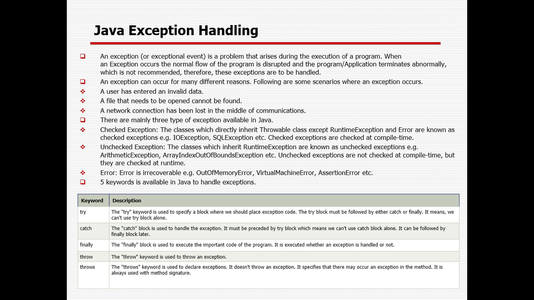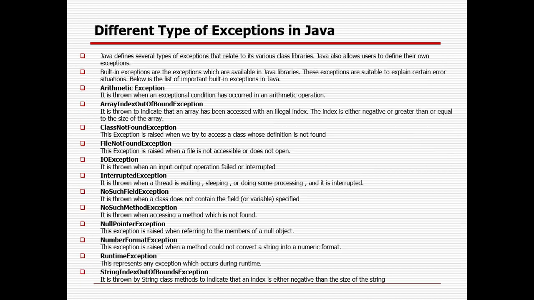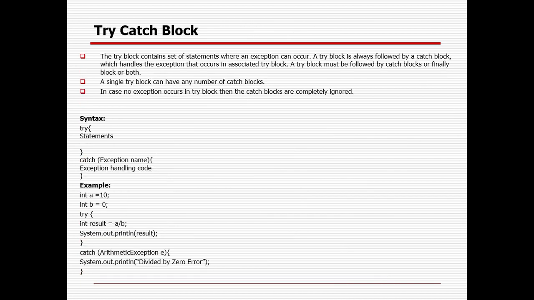If you handle the exceptions, your remaining lines of code will not be impacted and it will try to execute all the lines of code. Otherwise, if you do not handle the exceptions, as soon as an exception occurs your execution will terminate immediately and the remaining lines of code will not be executed. Okay, so that's all for today's session. Thank you.